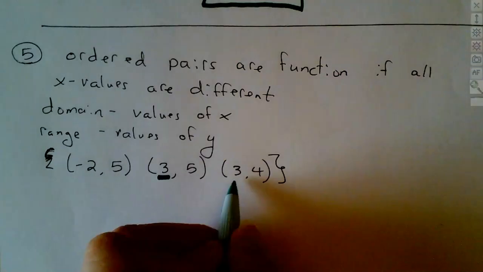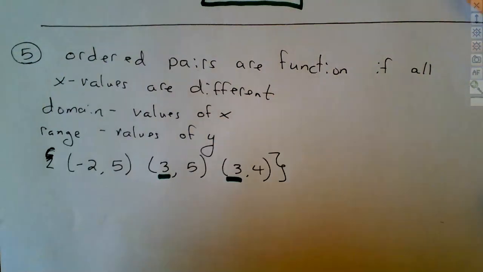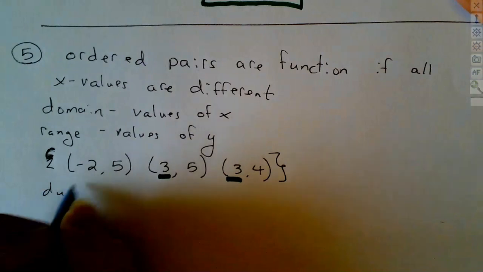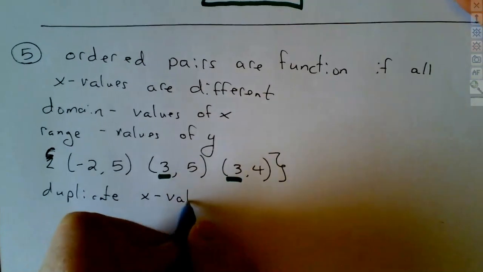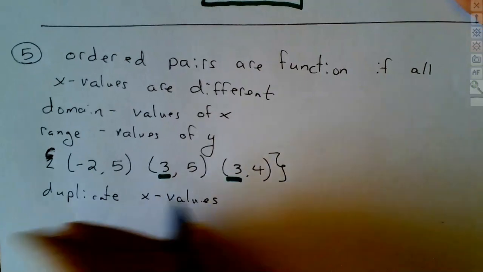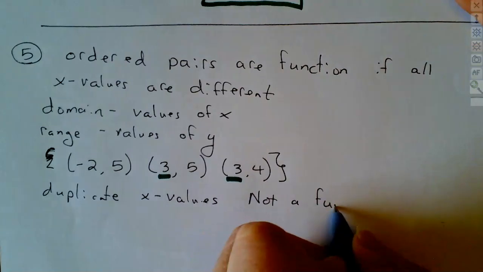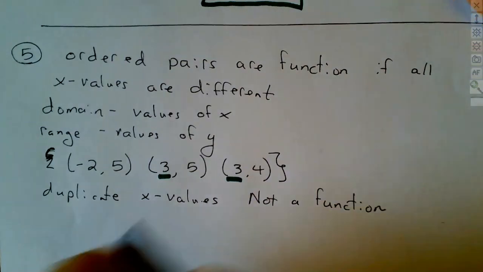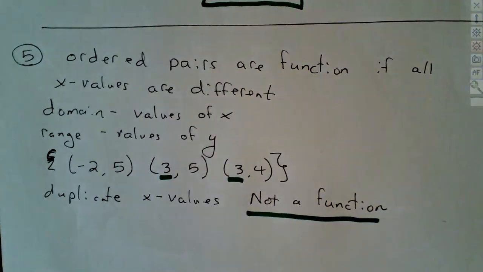And the reason it's not a function is when I look at these 3's, we've got duplicated x values. And if you have duplicated x values, then it is not a function. So this would not be a function because of the duplicated x values.